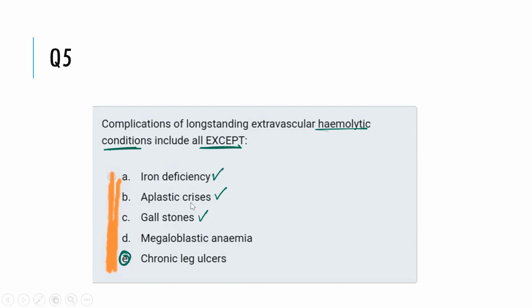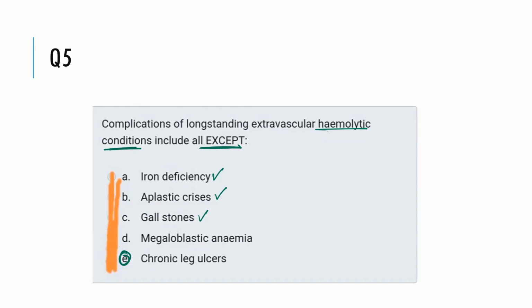So I've explained A, B, C, and D. That leaves us with chronic leg ulcers. While chronic leg ulcers are caused by sickle cell disease, they're not caused by the long-standing extravascular hemolytic aspect of it.